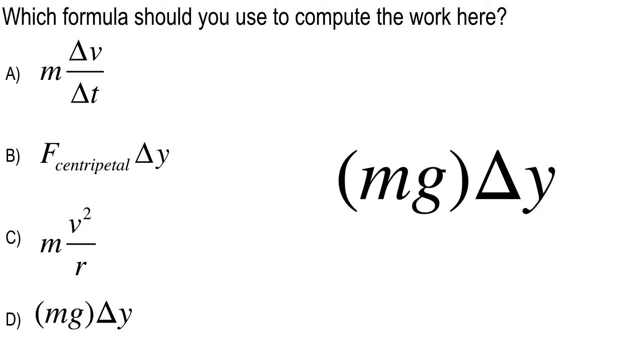Anything that has a positive change in the kinetic energy, we say that the field does positive work. Let me repeat that. The gravitational field does positive work on this basketball because the force and the displacement, delta y, are parallel. It speeds up.